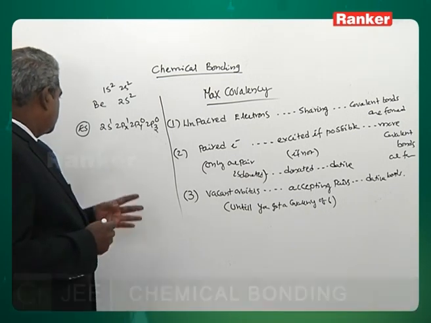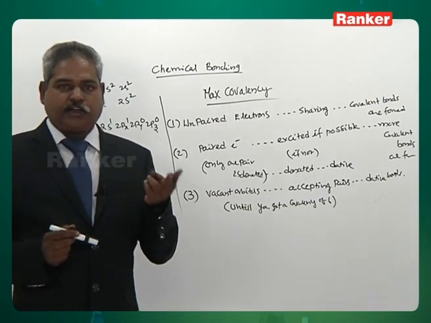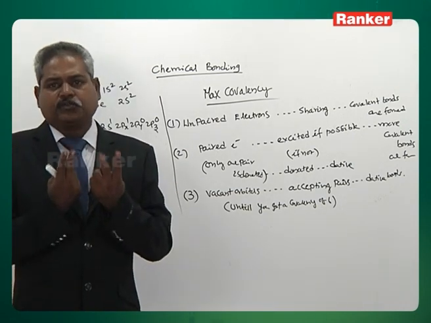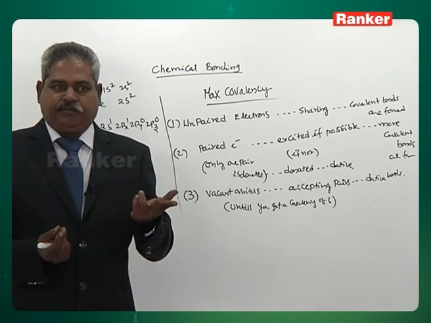So what does beryllium do? It has only 2 electrons in the valence shell. By sharing 2 more, it gets 4 only. It doesn't get the octet, but there is no alternative.